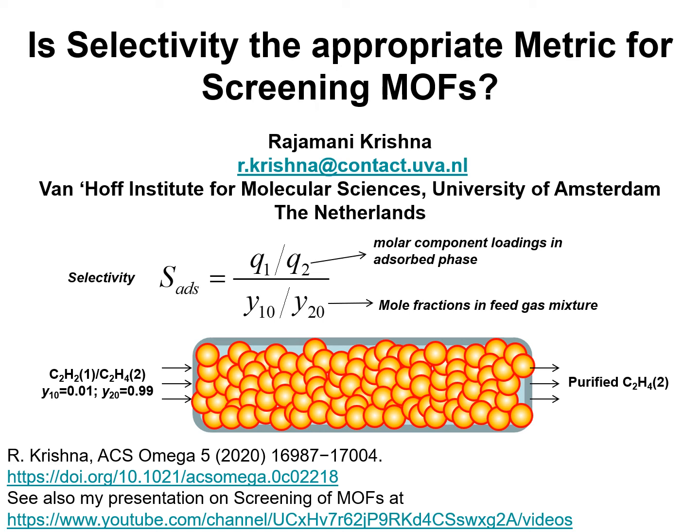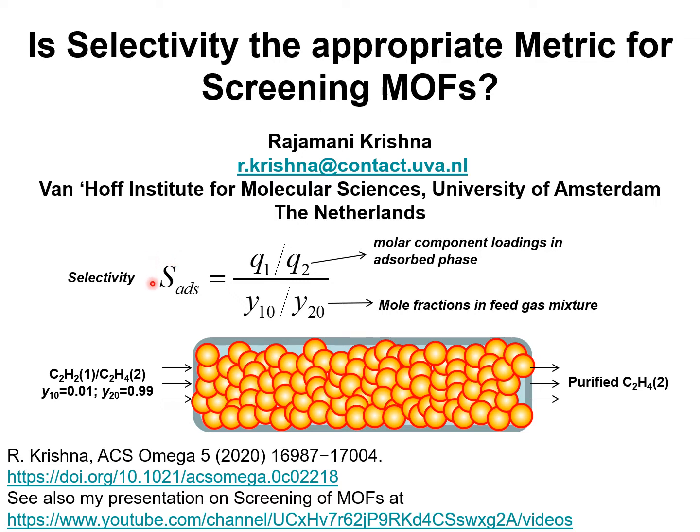Metal organic frameworks have the potential for application in a wide variety of mixture separations. Most commonly, the adsorption selectivity is used for evaluation and ranking of MOFs for any specific mixture separation application.